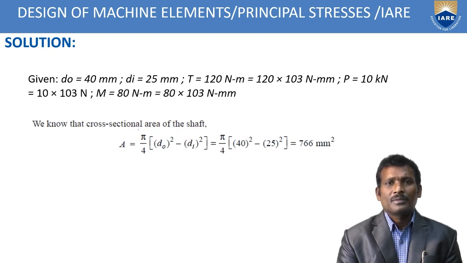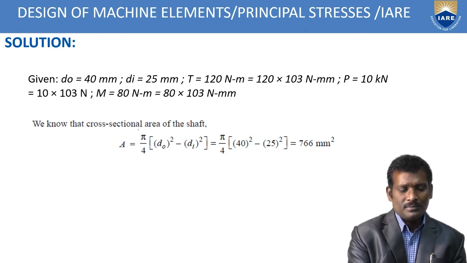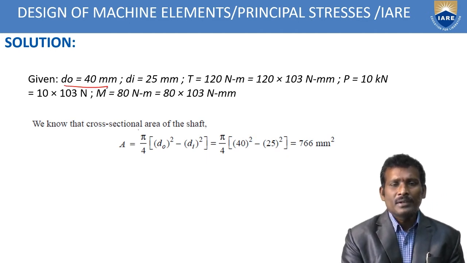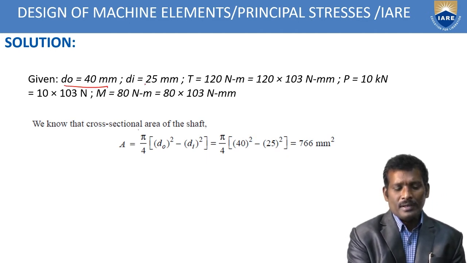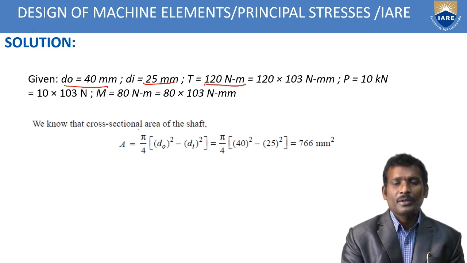First of all, for any design problem, we have to note down the given data. So first, given data: D naught 40 mm, DI 25 mm, and torsion 120 Newton meter.